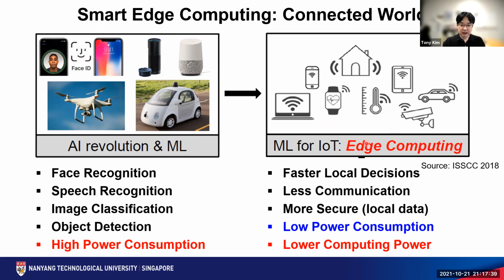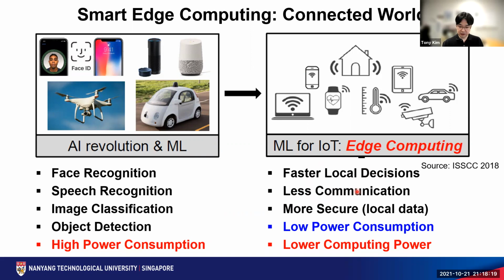In that case, if you can realize machine learning or artificial intelligence in edge devices, then we can make decisions locally, right? We don't need to communicate with the cloud, and we don't need to provide all the data to the cloud so that the cloud should compute and send back the decision results, right? And at the same time, since we can make a decision locally, we don't need to communicate so frequently, meaning the network loading will be also quite less.